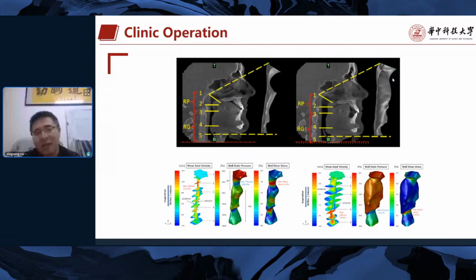When people sleep, the airway collapses, and then they cannot breathe. But we don't know exactly the reason. But CFD can help us know some of the reasons, by analyzing the wall shear stress, the pressure, and the airflow structure.